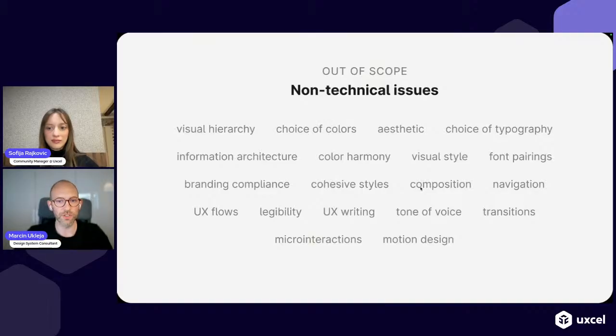So we won't cover it today. We won't discover any methods to find out if visual hierarchy is good or not, or if the color harmony is well designed, or if we chose really good typography. These are all non-technical issues. They are, of course, very important, but intentionally they're out of scope.